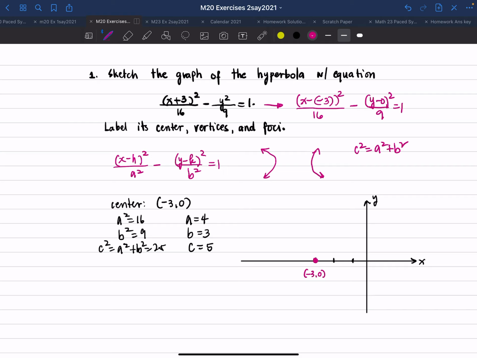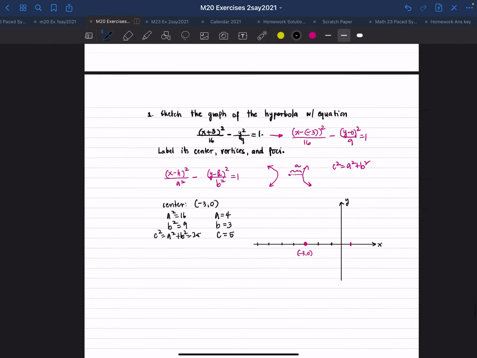So the distance from the center to one vertex, that is A. That's why magmo-move tayo 4 units to the left and to the right of the center. So 1, 2, 3, 4. And then 1, 2, 3, 4. I need space.